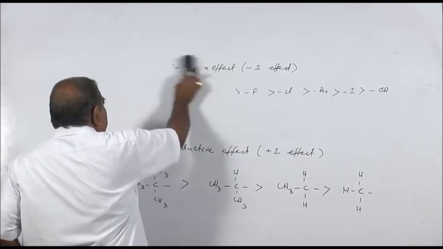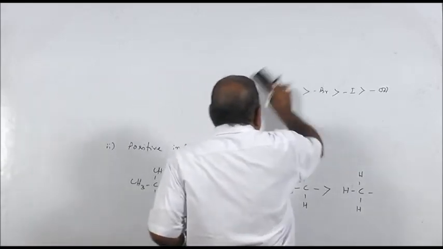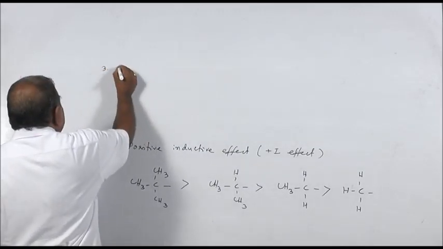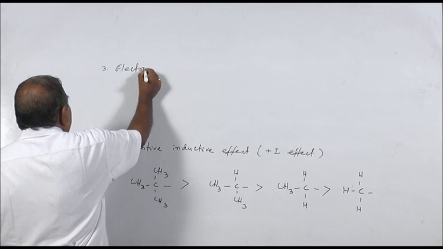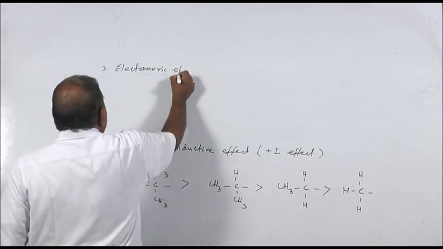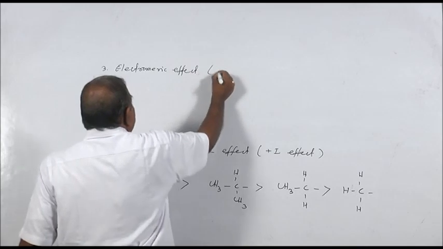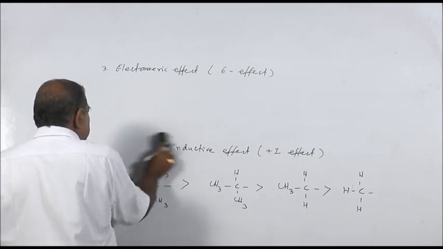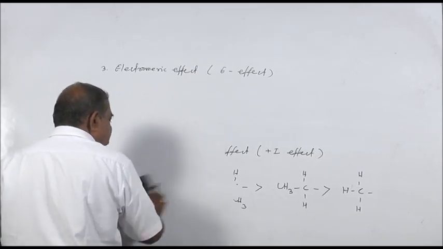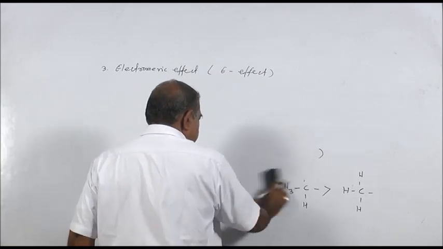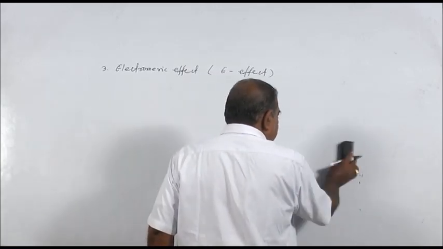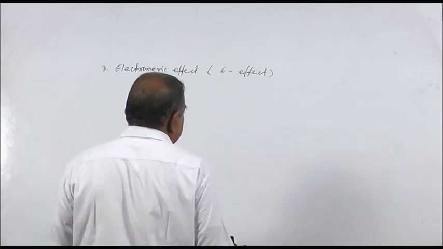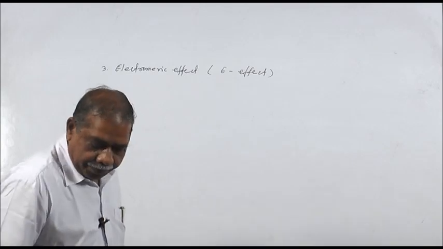Next I am going to the electromagnetic effect. This is a temporary effect. Third one is your electromagnetic effect, which we call the E effect. Now in this case, due to the presence of a charged particle, the pi electrons of a multiple bond, double bond or triple bond, are shifted from one atom to another.